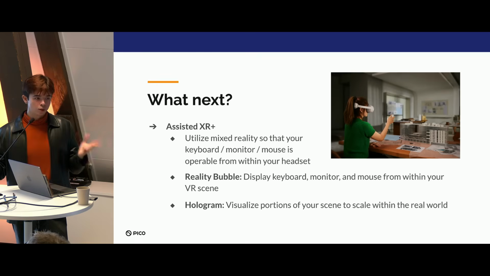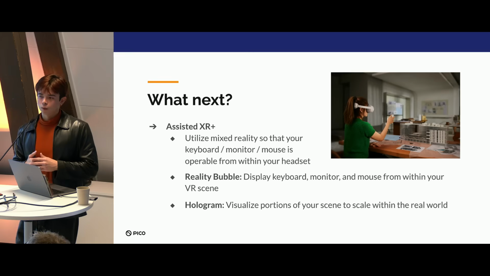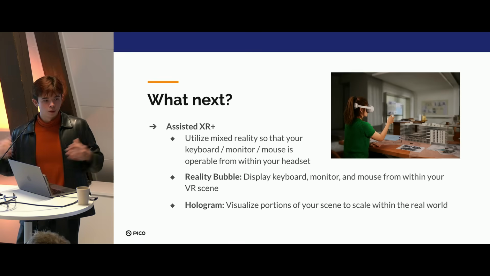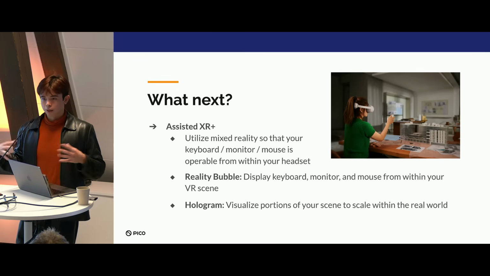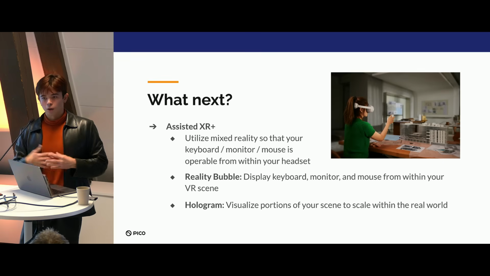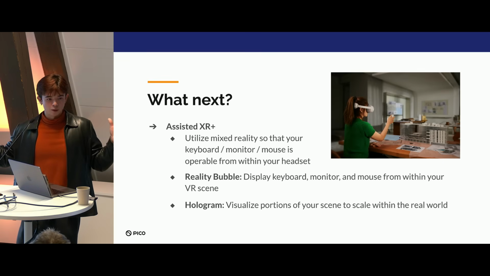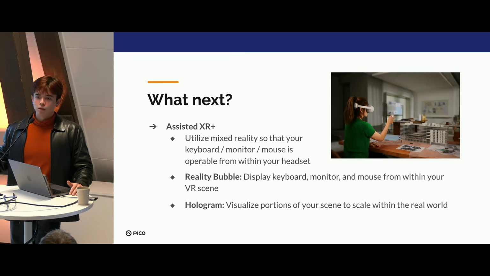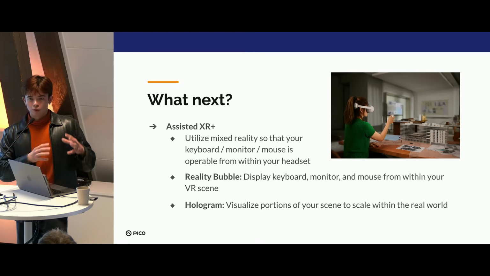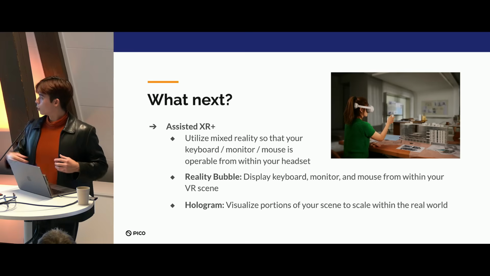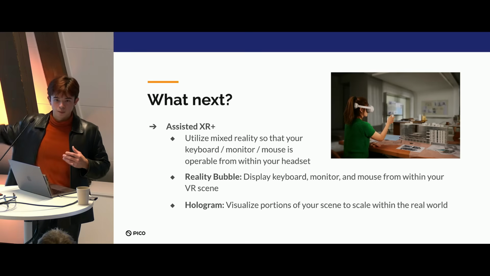So we have these two different ideas. The idea of a reality bubble, so being able to have specific portions of your environment be shown alongside your fully immersive VR scene. And then you could see how we could increase that immersion on the other hand by being able to view select portions of your scene with the hologram idea.